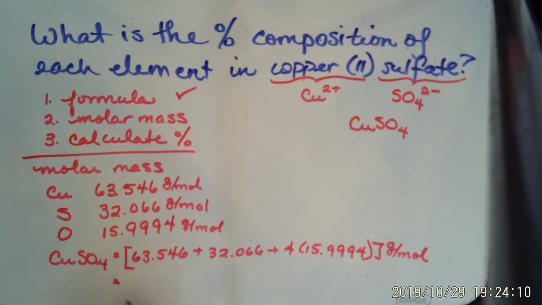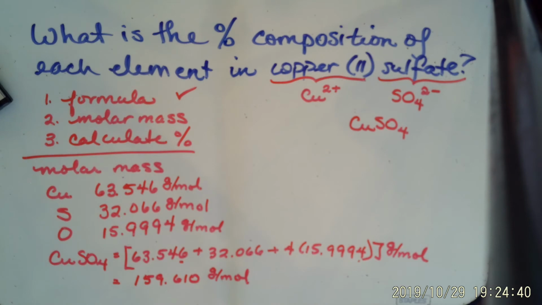Okay, so when we calculate it out, we're going to go to the thousandths place. We get something like 159.610 grams per mole, after rounding.